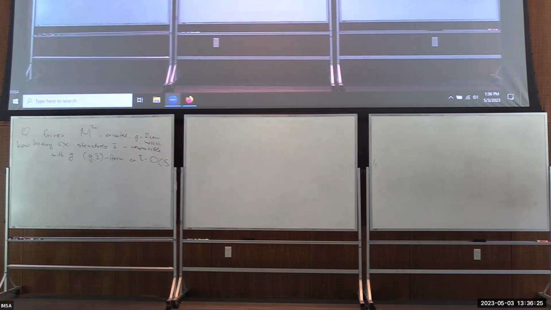This is just to emphasize that you first choose a metric and then look for complex structures, so the other way around, actually.